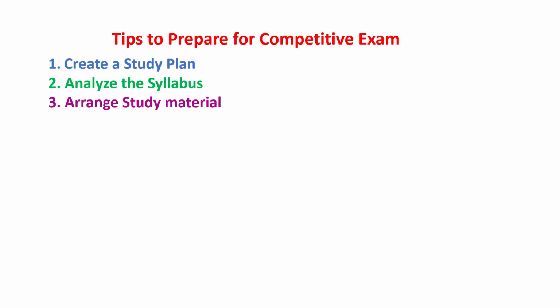The next step is you have to arrange all the study material which you have. Nowadays there are so many materials available on the internet. People like you may get confused about what material to read. For that, you have to study the reference books. In the next video, I'll cover the good, important reference books.